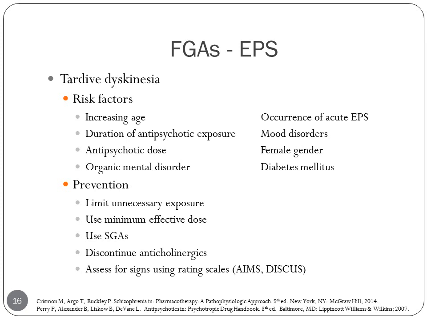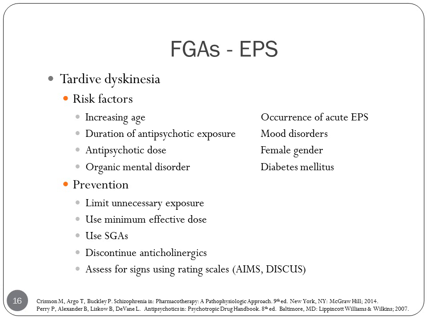In terms of preventing tardive dyskinesia, we really want to limit unnecessary exposure. So if they don't need the antipsychotic, or if they're on 2 antipsychotics, hopefully getting rid of one of them to help decrease that risk, using the minimum effective dose, and then using second generation antipsychotics, which have a lower risk. Anticholinergic medications actually worsen tardive dyskinesia, so we really want to discontinue any medication that's anticholinergic.